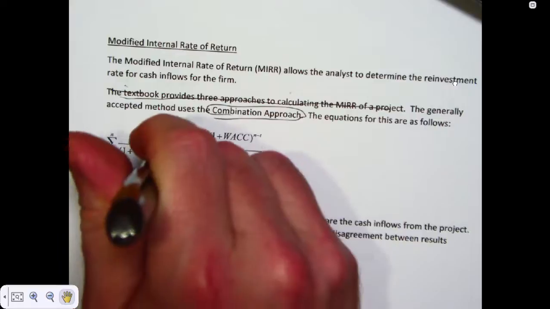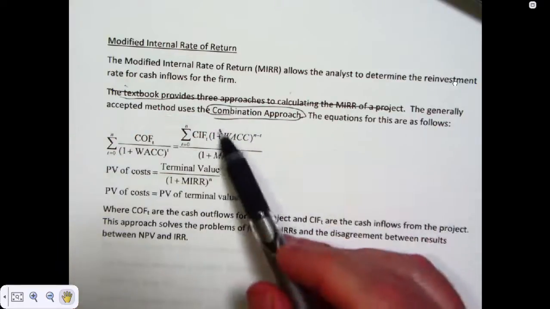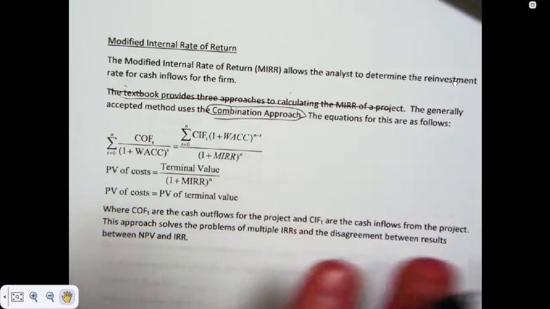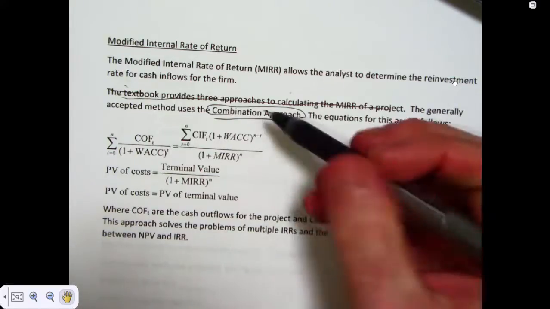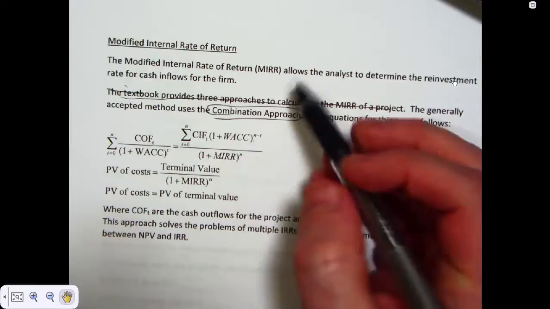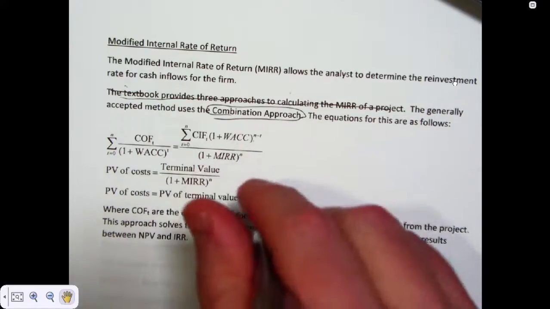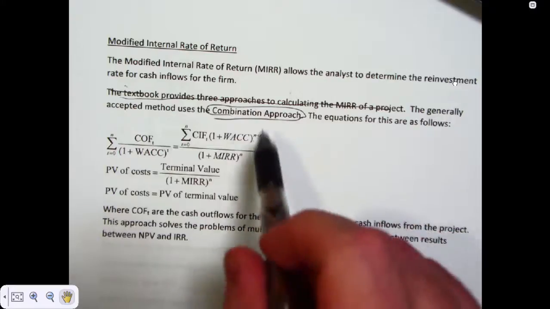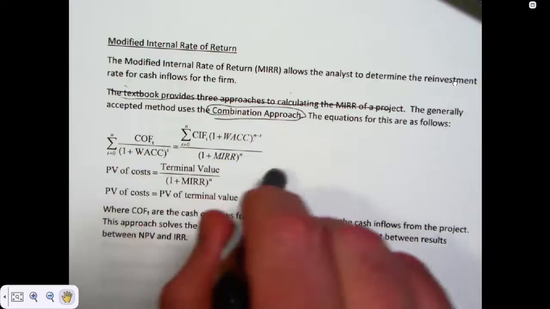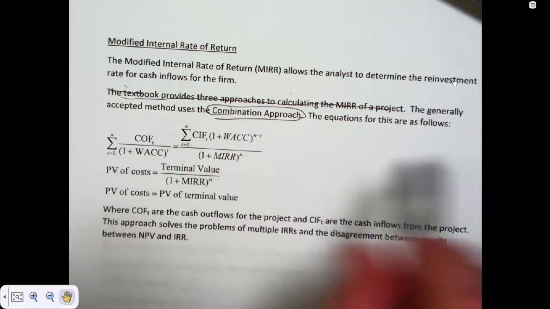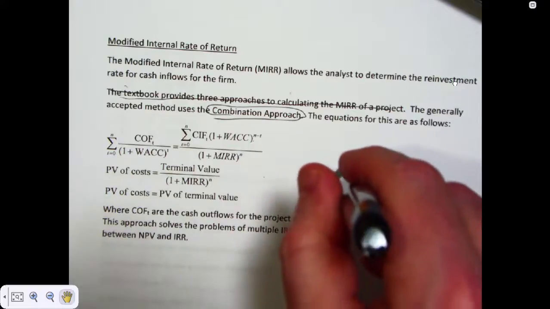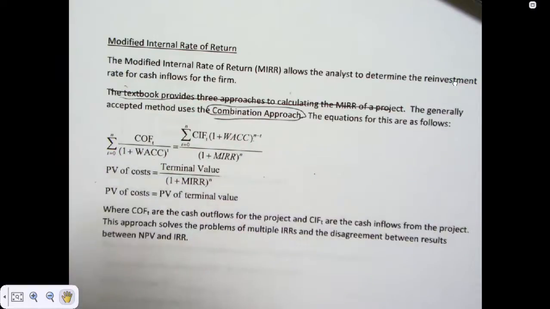We find the future value, or the terminal value, of our cash inflows later on in the project. And then our MIRR is the rate of return that makes the terminal value of the cash inflows, and we'll work an example of this, equal to the present value of the cash outflows.